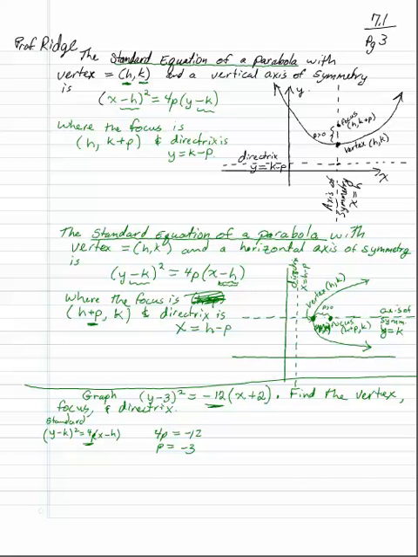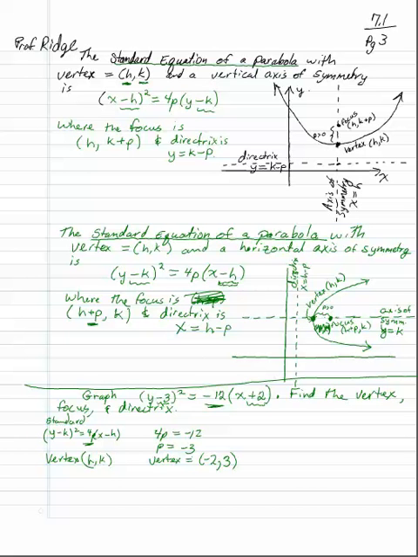Now, it's opening side to side, so we're going to find the vertex first, which is (h, k). For our problem, h is the 2, the opposite of that, so it's negative 2. And for k, you've got y minus 3, so that would be plus 3.